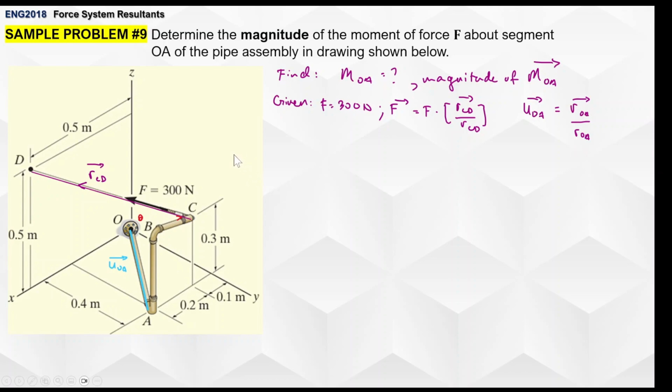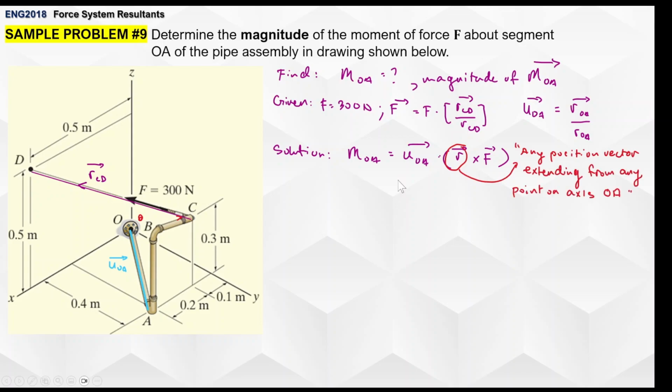Okay, our solution here is pretty straightforward. We know that we're rotating about an axis, so our equation is the moment about OA equals the unit vector OA multiplied by the cross product of position vector R and F. So the question now is, which position vector, extending from any point on axis OA? So what are those? What position vectors are available?